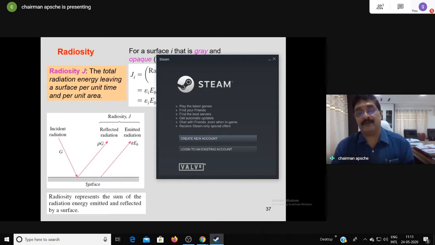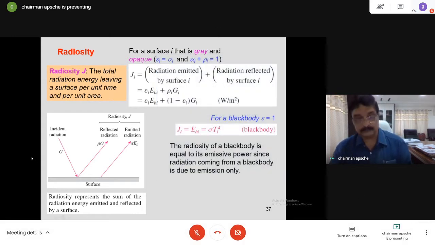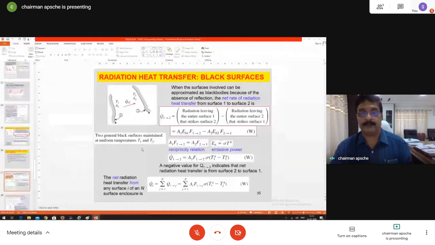How much radiation is it emitting? If it is a black body, it would have emitted Eb. What is Eb? Sigma T power 4. If it is a real surface, it would have emitted emissivity times Eb. What is emissivity? Emissivity is the radiation emitted by a real surface relative to that of a black body. For a black body, it is 1. For all real surfaces, it's less than 1.